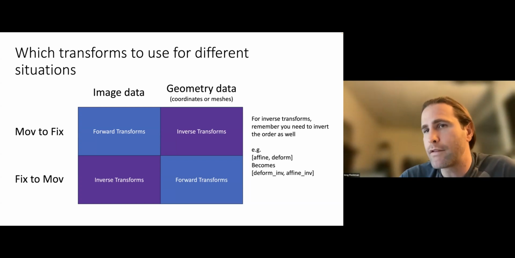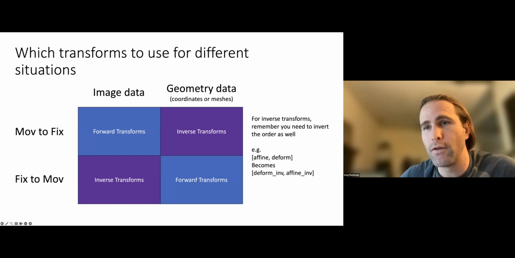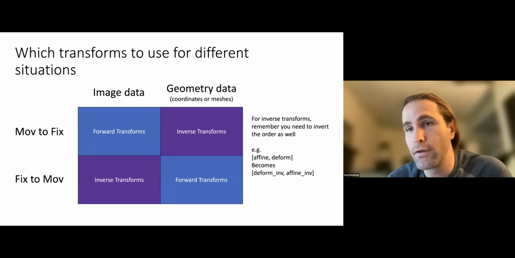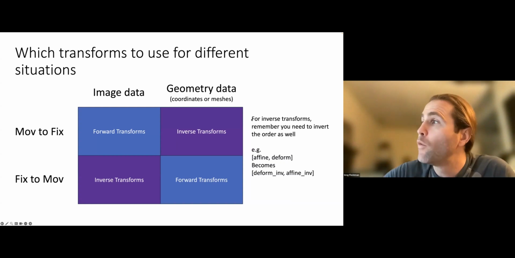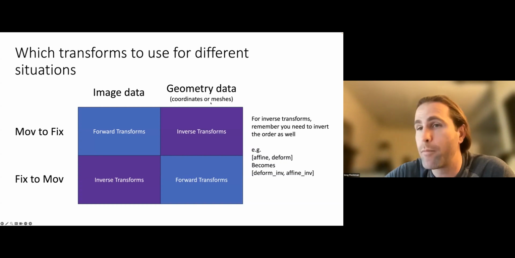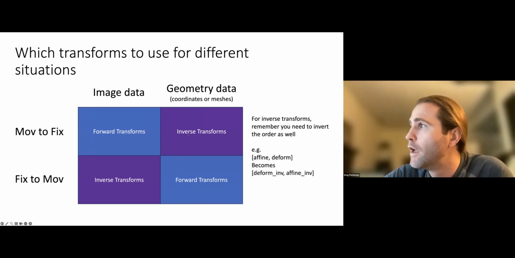When you move objects like that, you have to use the opposite conventions. And I definitely don't have enough time to explain why. It's notoriously difficult to explain. John has good slides explaining how it works, and I'm happy to explain it to folks later. But when you are moving geometry data, like coordinates or meshes, surfaces, extracted triangulations, things like that, that's also geometry data, then you have to use the opposite conventions as what you do for image data.